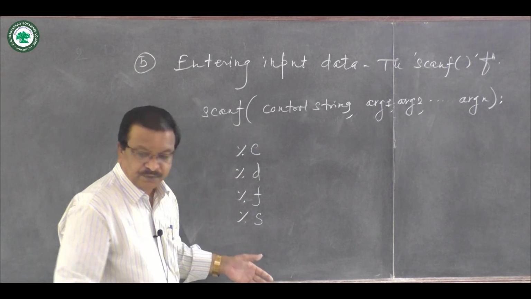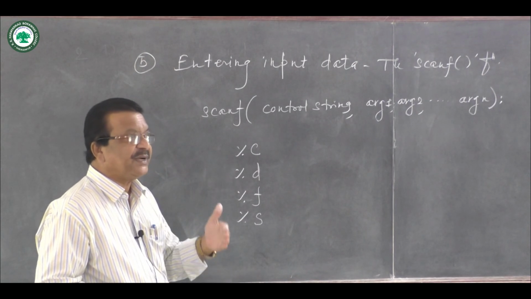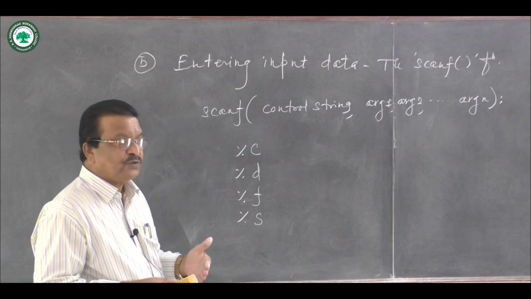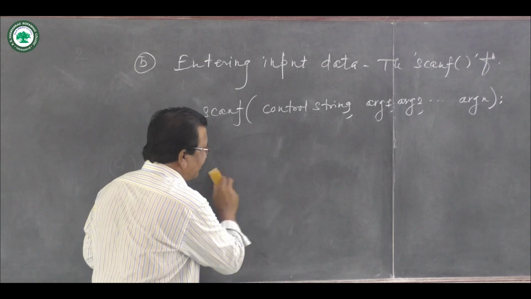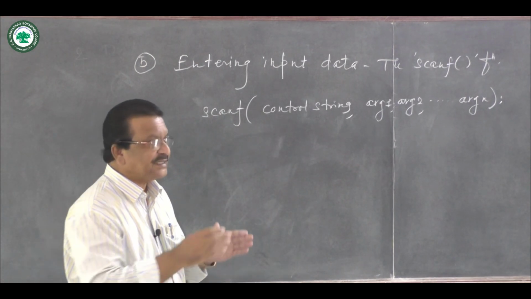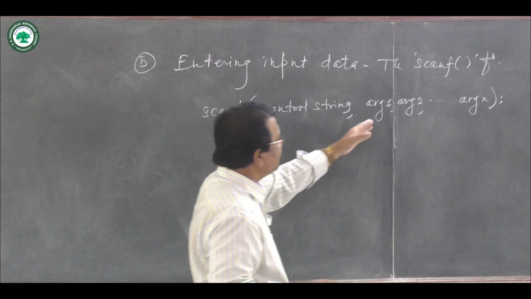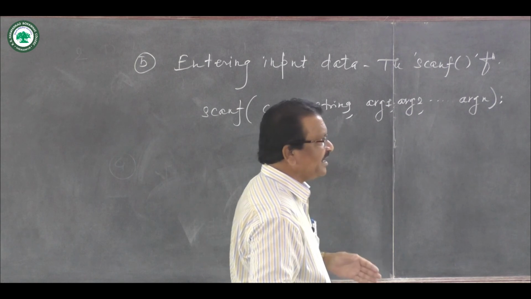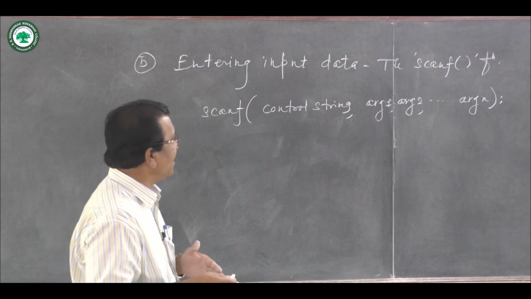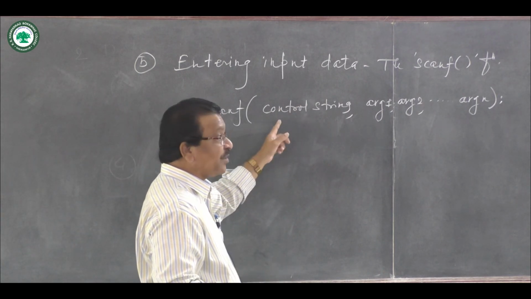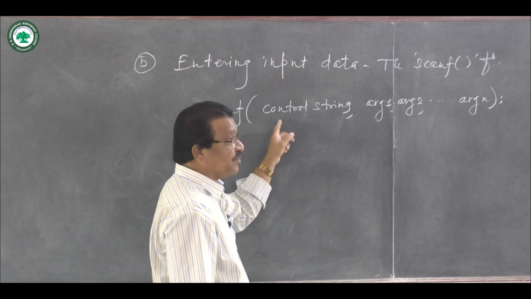So these are the character groups in a control string, which are either contiguous or separated by blank spaces. Use of a blank space as a character group separator is very common in C programming. And then argument 1, argument 2, argument 3 and argument n are names of variables or array names whose data type matches the corresponding conversion character.